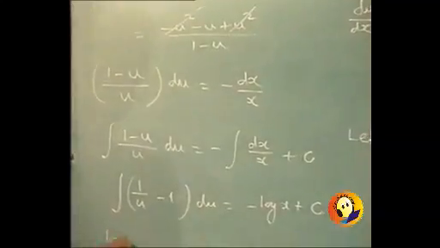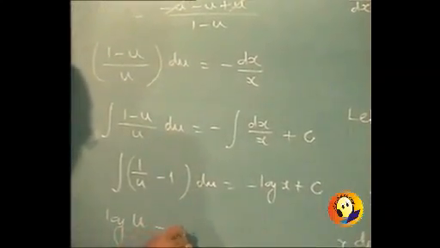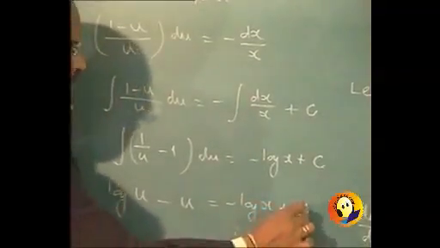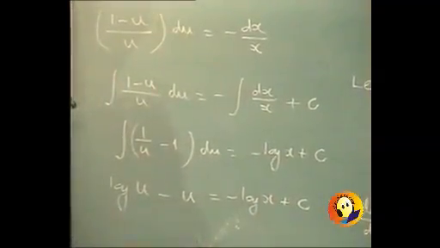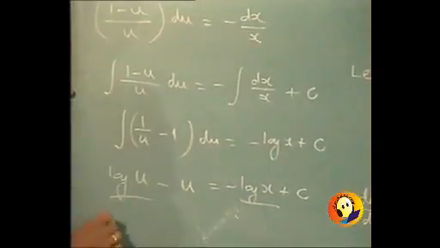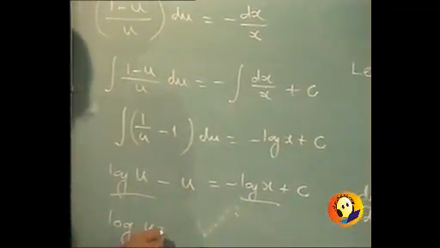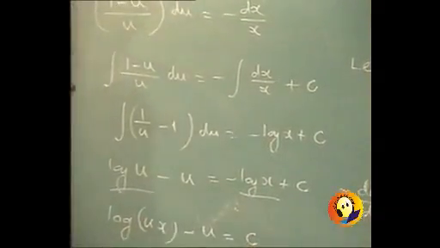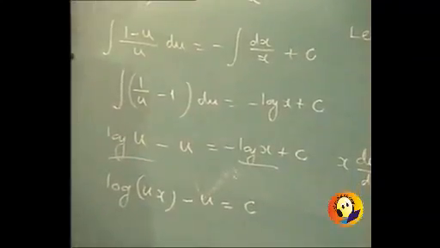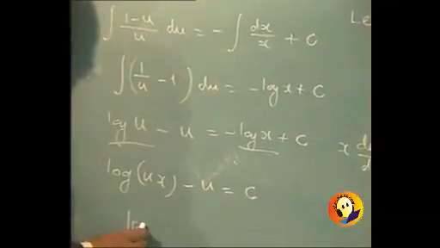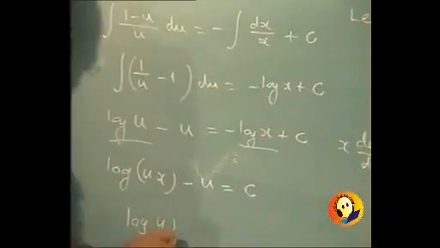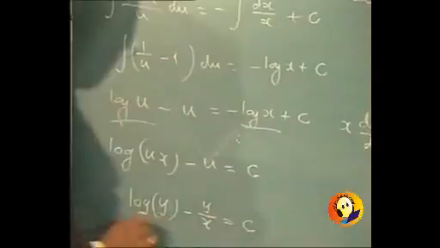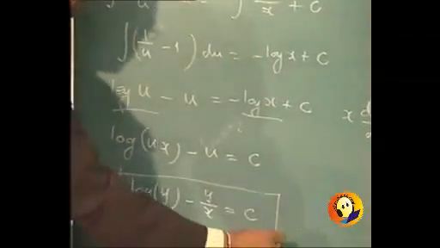So it will be log u minus u equal to minus log x plus constant of integration. Combine these two log terms, so it will be log of ux minus u equal to constant, and resubstitute u as y upon x. ux will be simply y, so it is log y minus y upon x equal to constant, which will be the solution of the fifth equation.